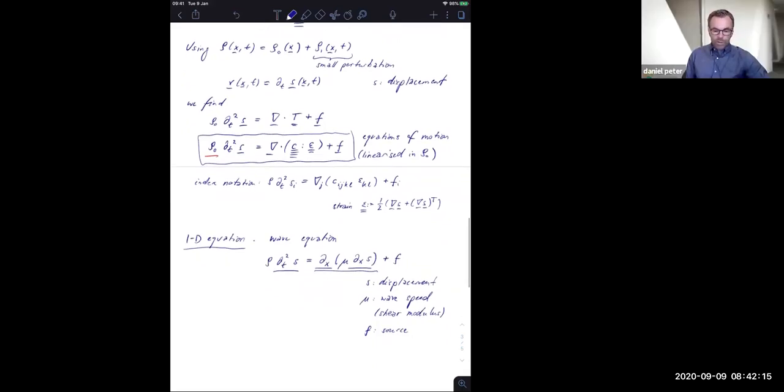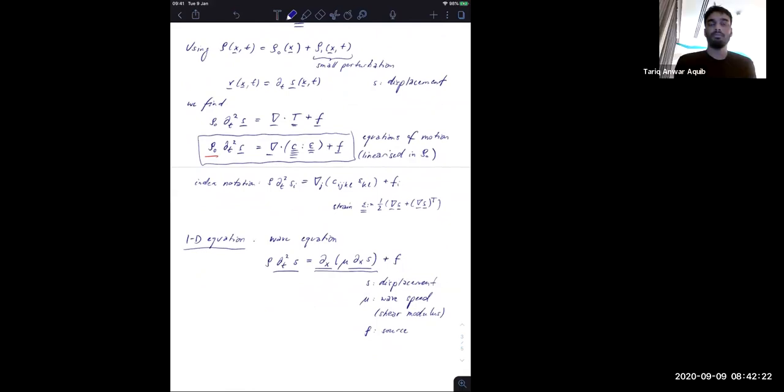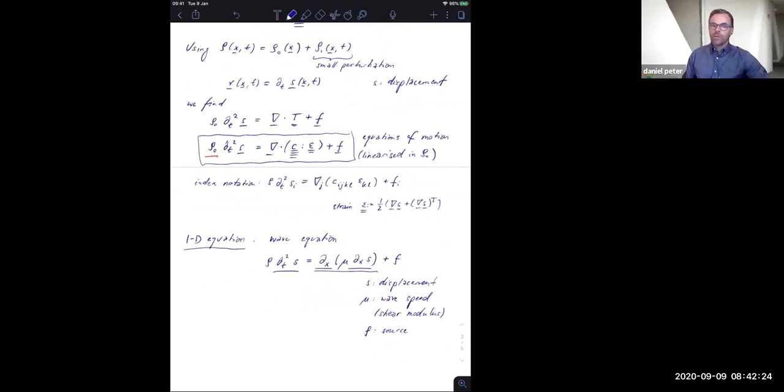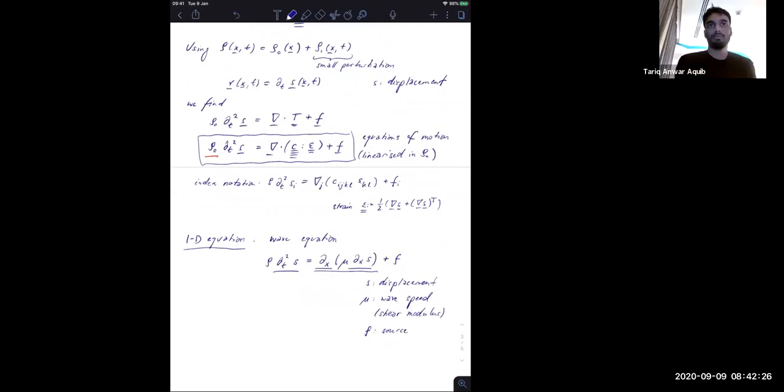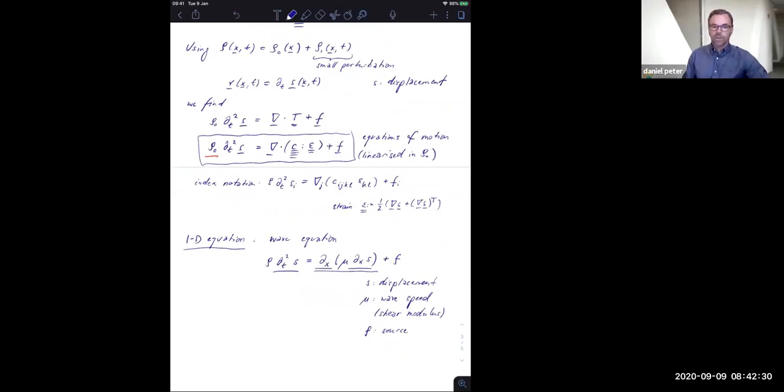Good. So in this class, we will look at this 1D equation, the wave equation in 1D, and now numerically solve this 1D equation. And in order to do so, what we first start with are finite difference approximations, they approximate these derivatives.